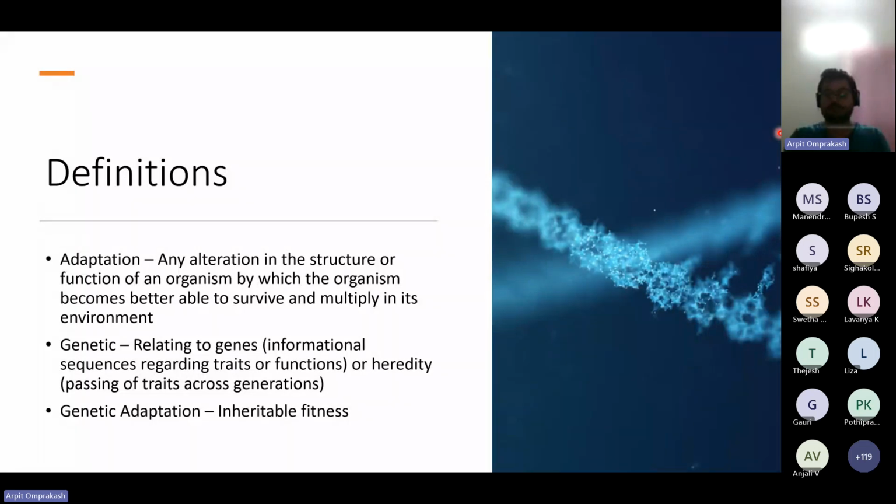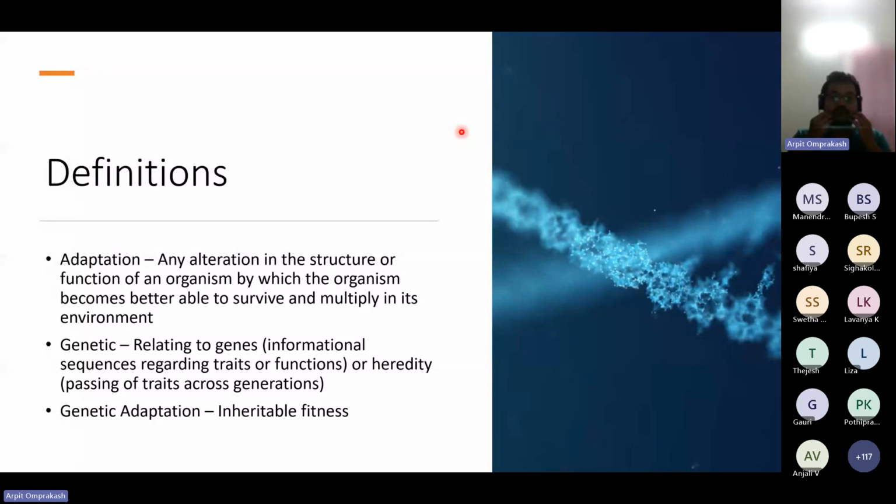So basically adaptation is, let's say for bats, having wings. Having wings is an adaptation for bats because that helps them survive and fly around in their environment and hang on trees.